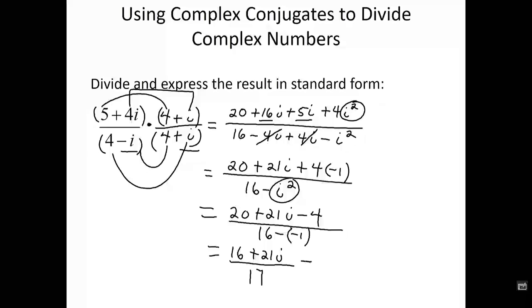And if we were to express the result in standard form, we have 16 divided by 17 plus 21i divided by 17. So what we have in standard form, the quotient upon dividing, the quotient is 16 over 17 plus 21i divided by 17.